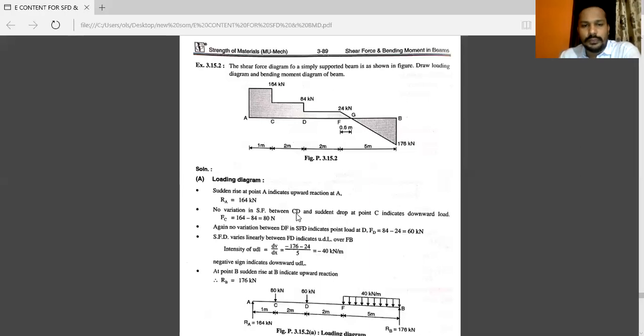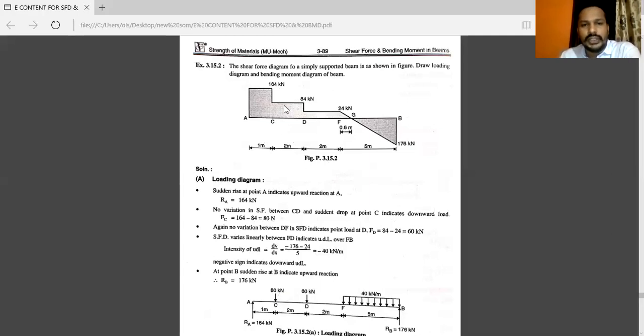You can see a sudden drop at point C, which indicates a downward load. 164 minus 84, you get 80 kilonewton, so that is a drop of 80 kilonewton. At point C, there is a load of 80 kilonewton.